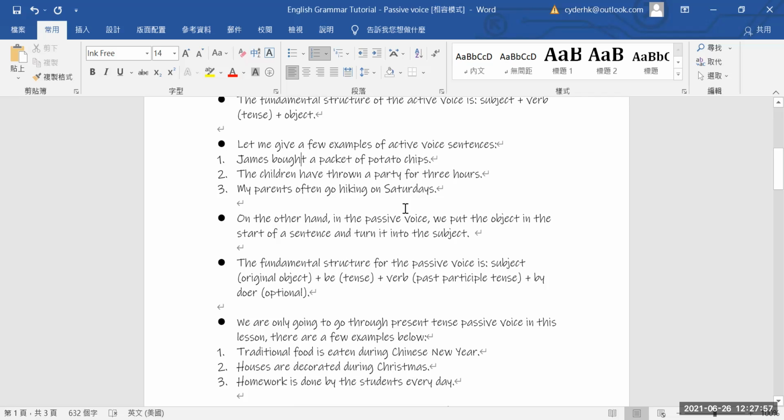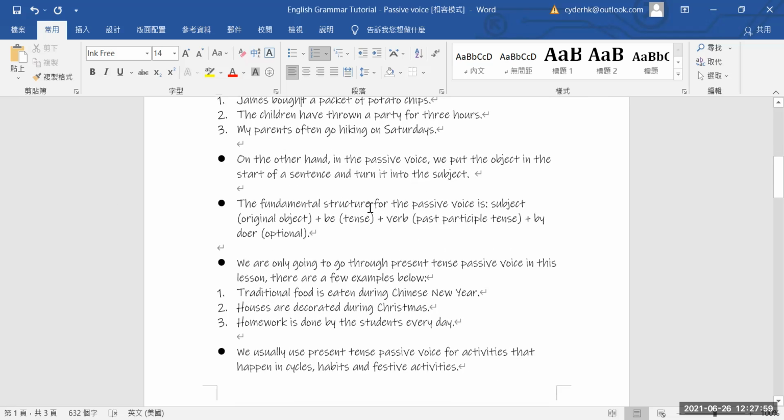The fundamental structure for the passive voice is subject, which is the original object, plus be with tense, plus verb with past participle, plus by doer. By doer is optional, because this is the original doer or the original subject of the sentence, the agent who does the action.